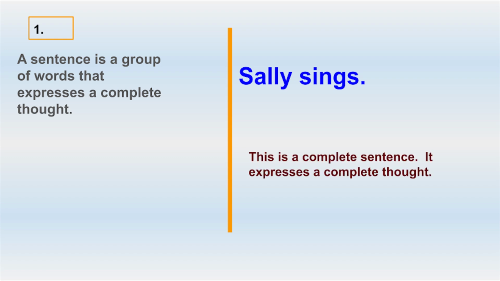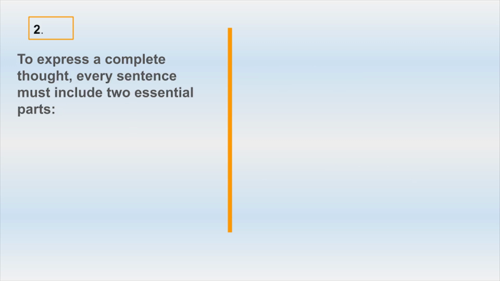Number 1. A sentence is a group of words that expresses a complete thought. Sally sings. Even though this sentence has only 2 words, it is a complete sentence. It expresses a complete thought. To express a complete thought, every sentence must include 2 essential parts.